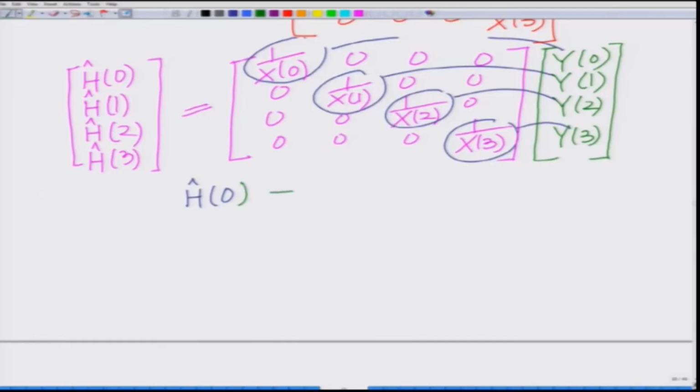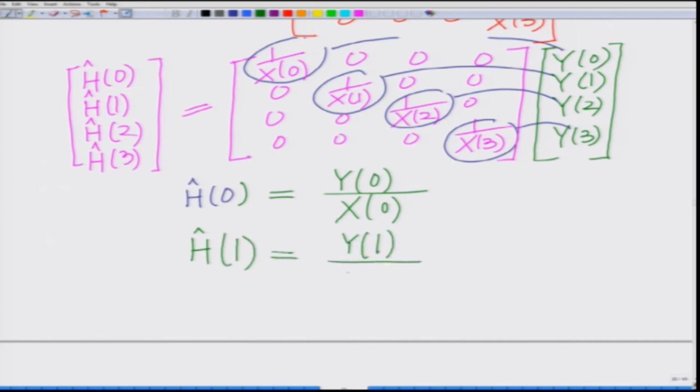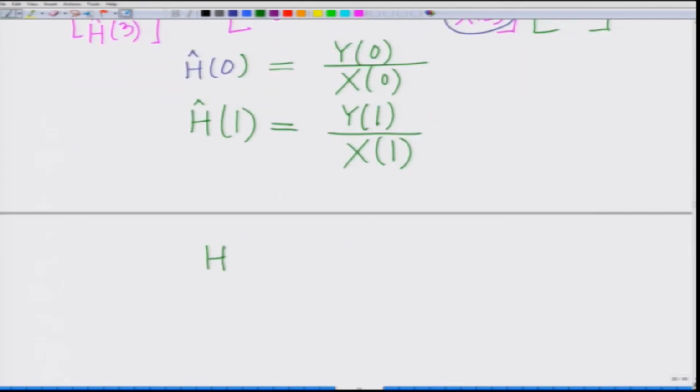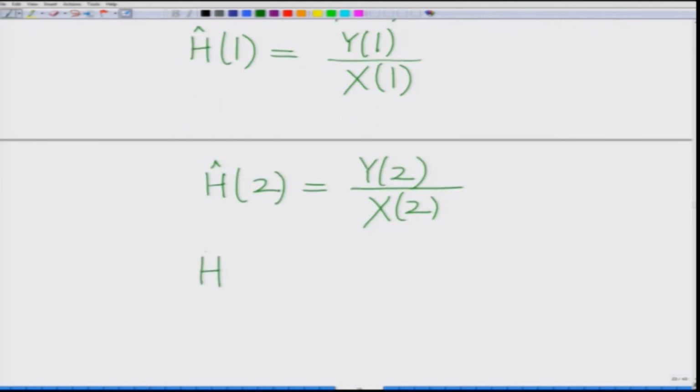So, the estimate h hat 0 is equal to y 0 divided by x 0, h hat 1 equals y 1 divided by x 1, h hat 2 similarly equals y 2 divided by x 2, and h hat 3 is equal to y 3 divided by x 3.